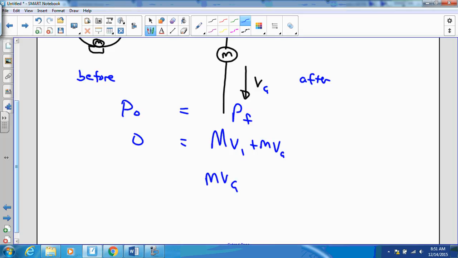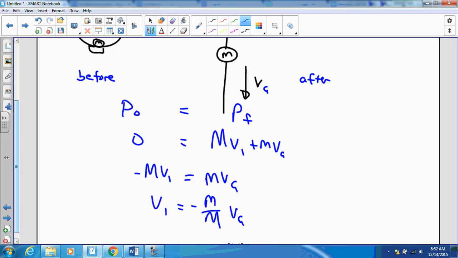And that allows us to immediately determine that V1, the speed of the balloon, is equal to the opposite of Vg times this ratio little m over big M. Think of it as almost a conversion factor. Mr. Gable, so you divided by negative m? Yes. That's right.